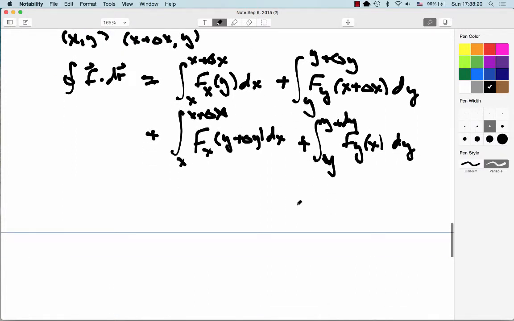So if I do that, now I'm going to add these terms here like it sort of suggests.